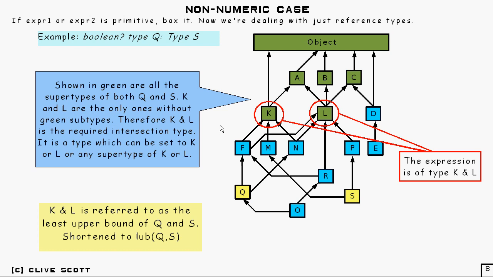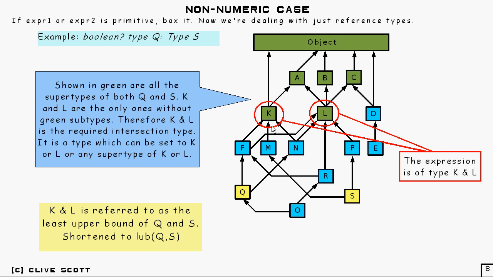And so therefore, if you wanted to be a bit perverse, you could say the type was K and L and A and B and C and object, but the specification tells you to prune out some of these. And what you do is, for the intersection type, it tells you to remove everything which is a supertype of any of these things down here.